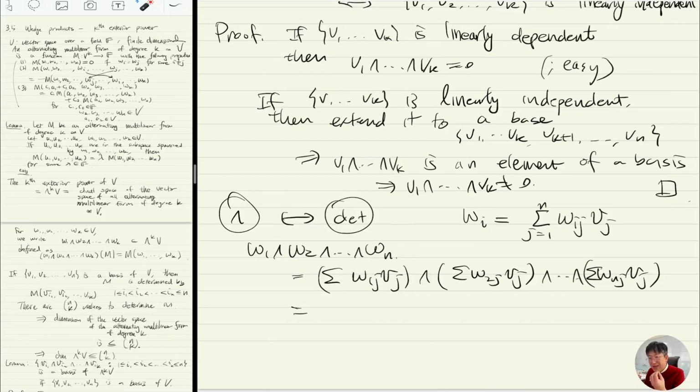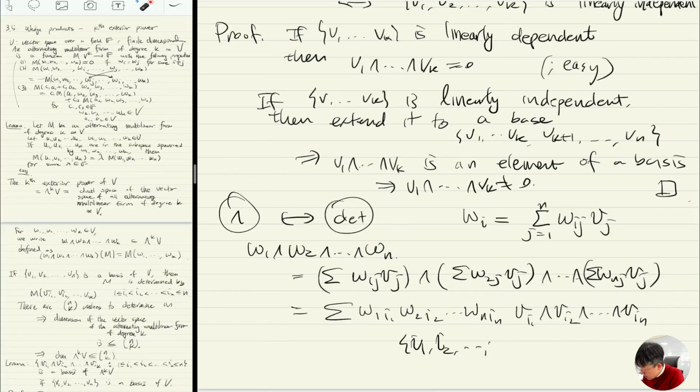So the only time that it survives is when you select the sum w1 i1, w2 i2, wn in, and then vi1 wedge vi2 wedge vin, where i1, i2, up to in are just a permutation of 1 up to n.